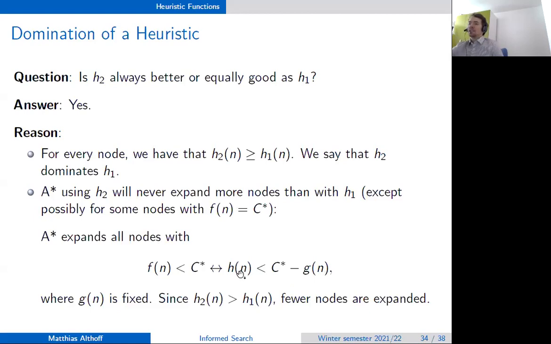And h of n, of course, can be influenced. So if h of n is higher, this inequality is fulfilled for fewer nodes n. And that's why, if H2 is always greater than H1, it means this inequality is fulfilled only for fewer n's than in the other case. So we can really say this is always better.